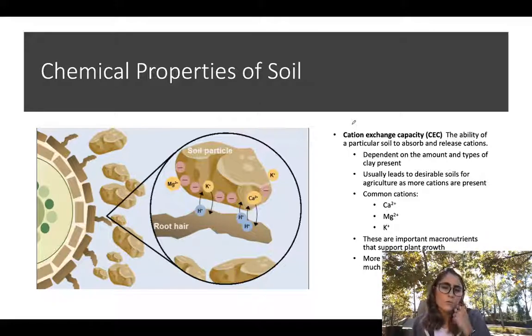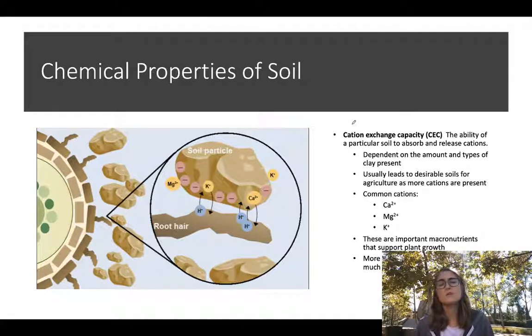And so when we reference the cation exchange capacity of something, we're referencing how many ions your particular soil is able to absorb and then release to plants that are living in that ecosystem. So it's the ability of a particular soil to absorb and release cations.